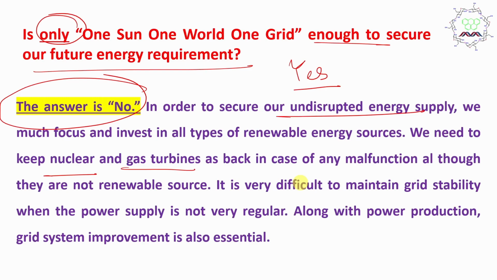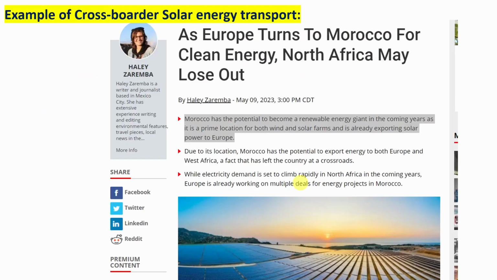For example, water splitting into hydrogen and oxygen in the daytime when excess power is available, and when it's required, using a fuel cell, that energy could be converted into electricity. Again, these are the options. We need to implement everything together such that undisrupted energy supply could be provided.